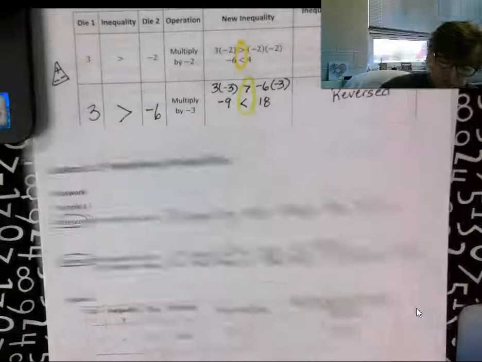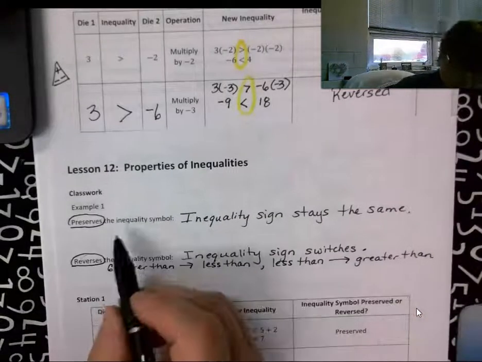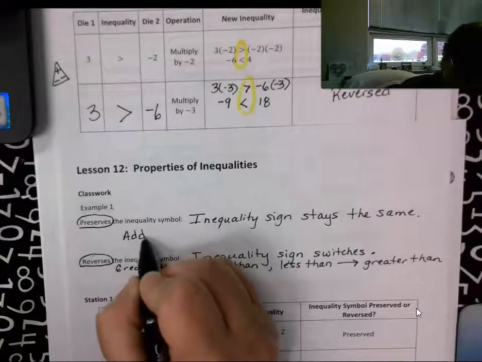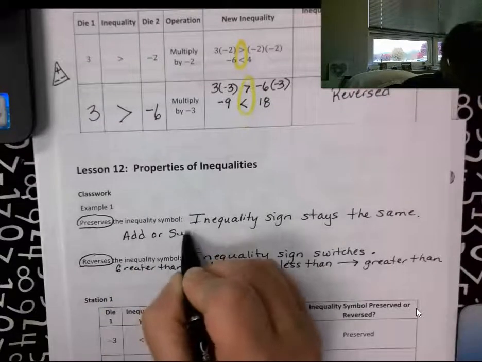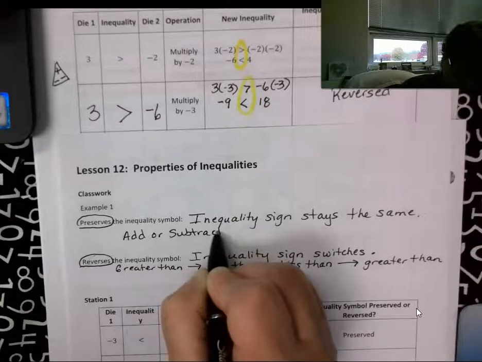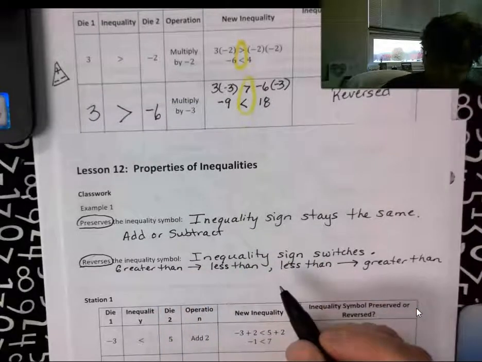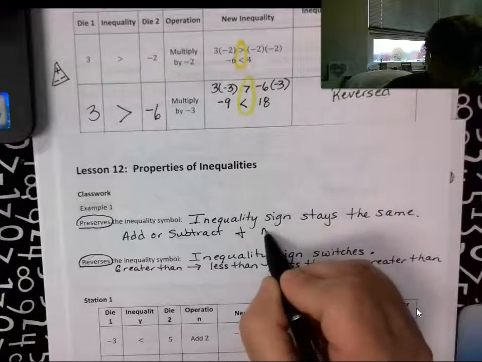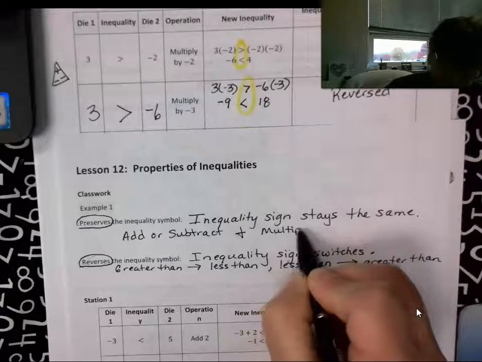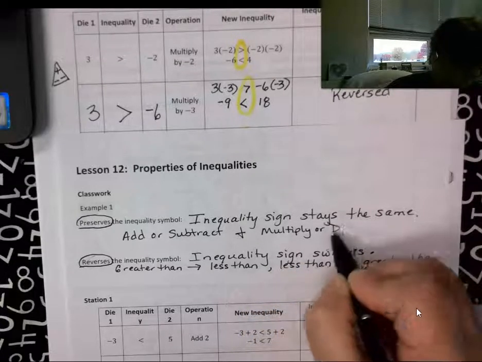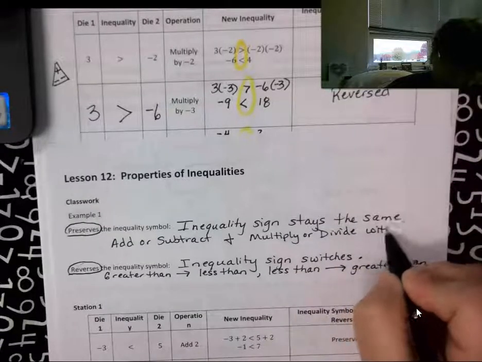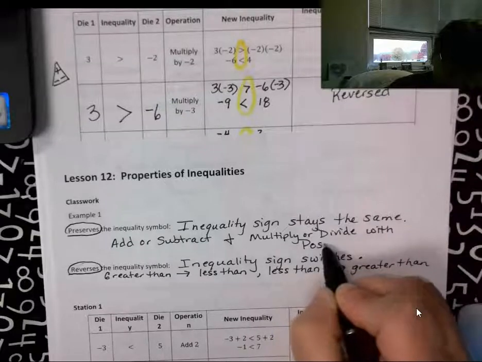Hopefully you notice that you preserve it when you add or subtract, and also when you multiply or divide with positives.